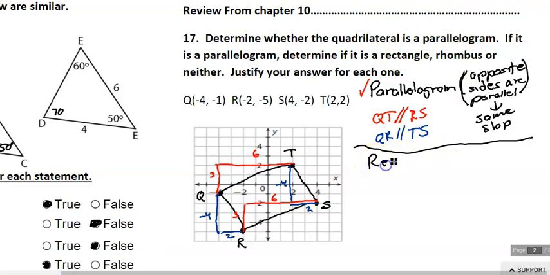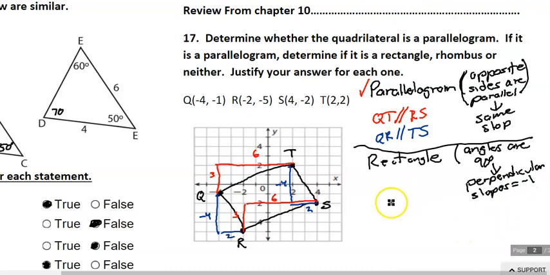Okay, so we know it's a parallelogram, so we can test to see if it's a rectangle, rhombus, or neither. So for the rectangle, we are going to see if angles are 90 degrees or right. Okay, and we're going to do that by seeing if they're perpendicular. So the slopes should multiply and equal -1 if they are indeed perpendicular.